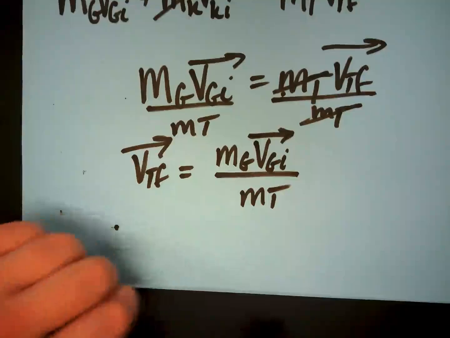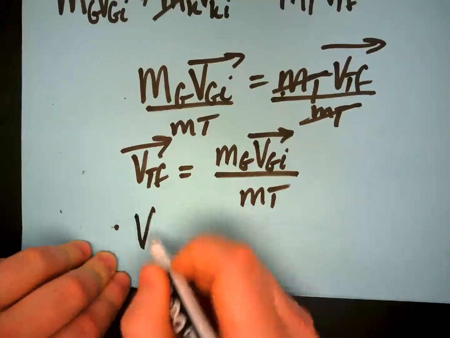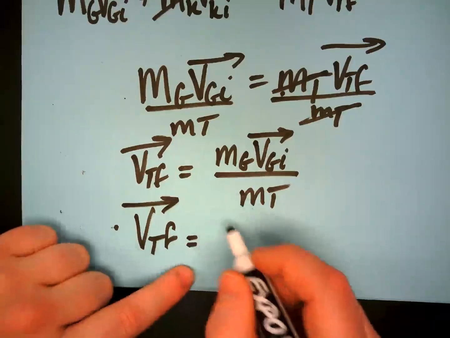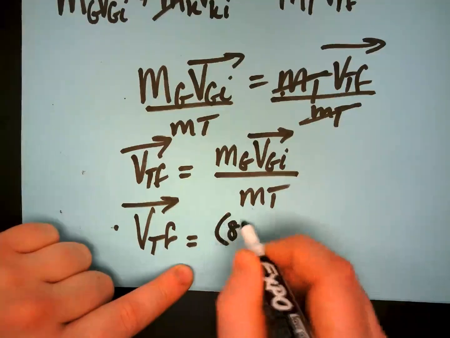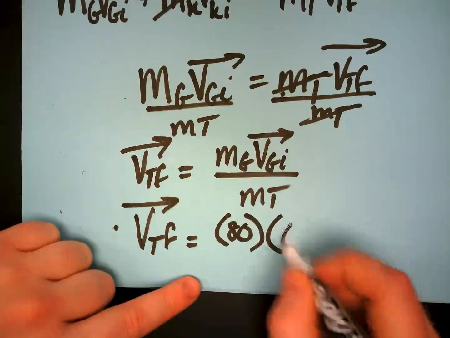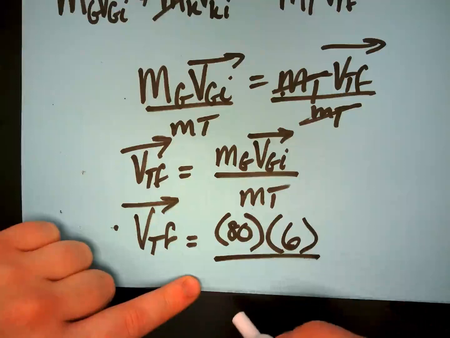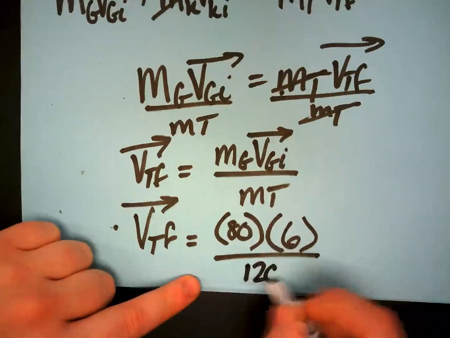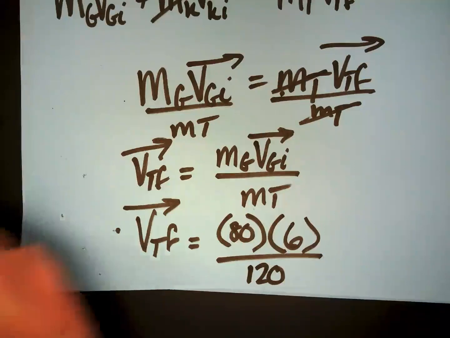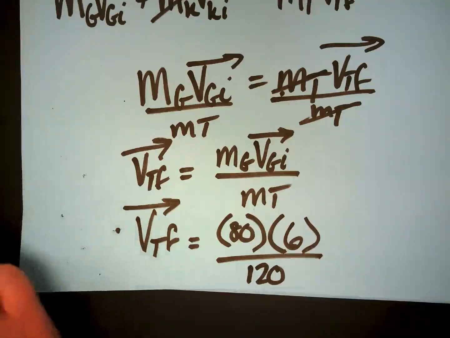Okay. Plug and chug. So then that's going to be the mass of grandma, which is 80, times the velocity of grandma, which is 6, divided by the total mass here, which is 120. Okay. So 80 times 60 divided by 120.